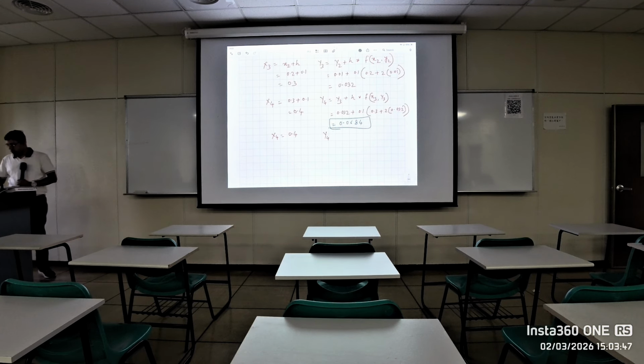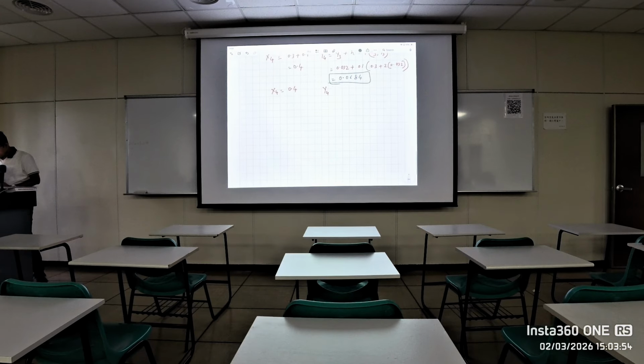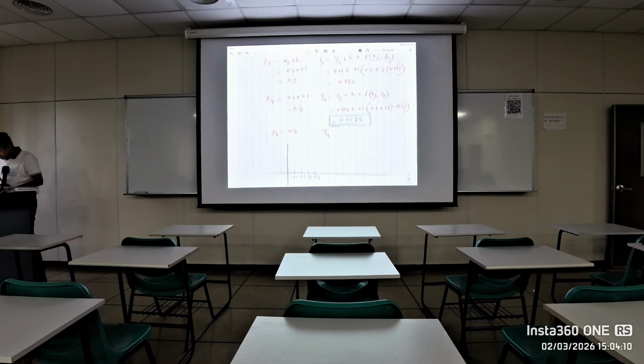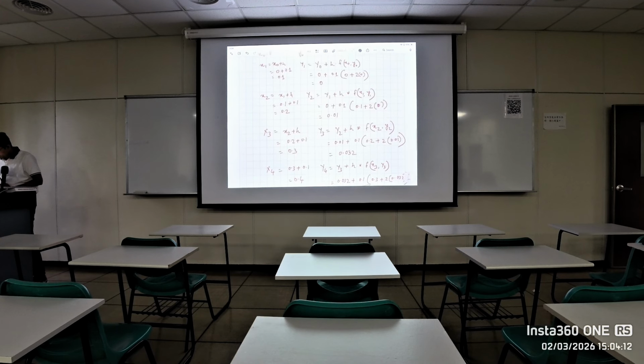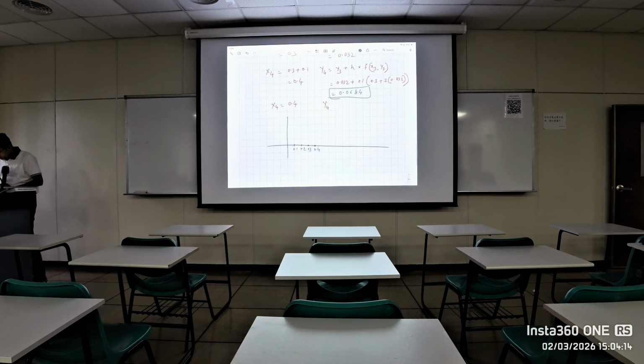So now if you put these values in a graph, suppose I draw a graph like this with 0.1, 0.2, 0.3, 0.4. What is the value for 0.0? y1 is 0.